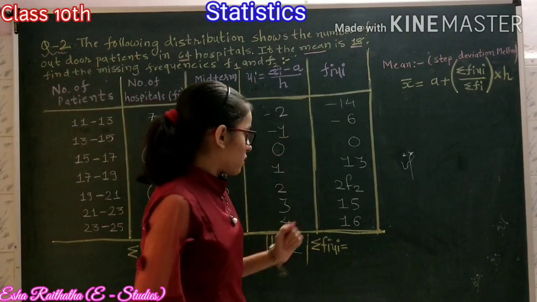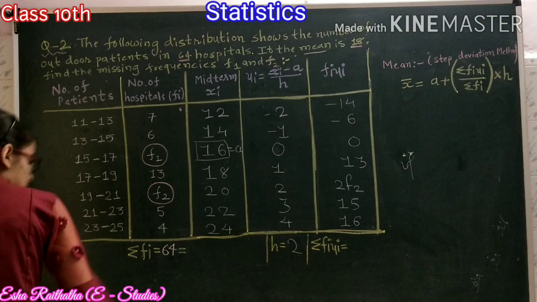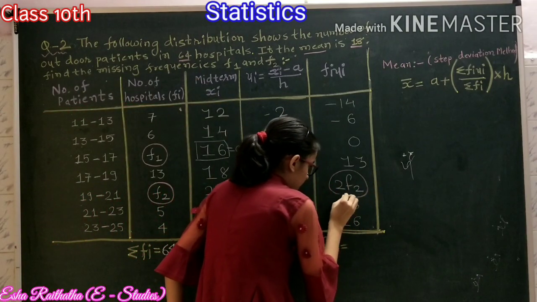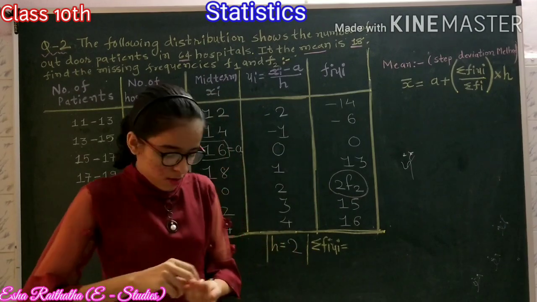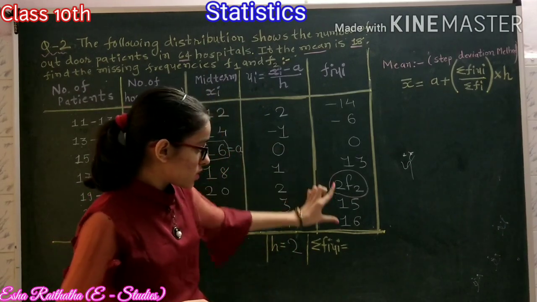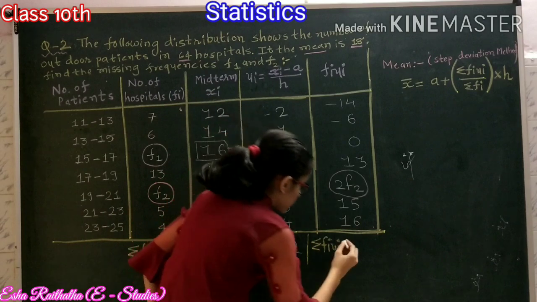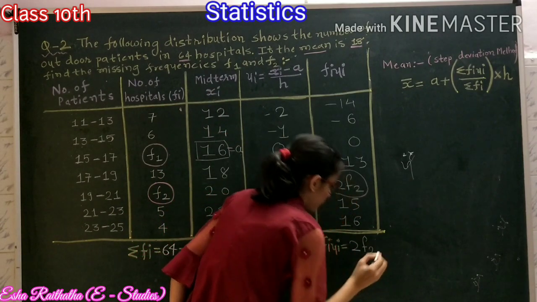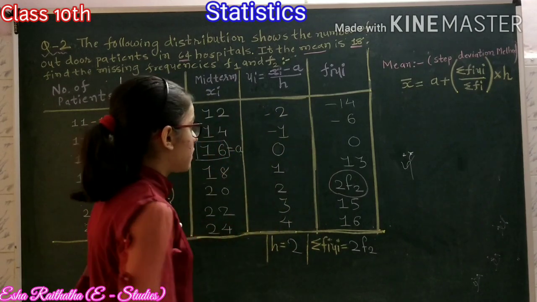Now we will add these. But I want to do one thing here. I have circled 2F2, because we don't have to add it, we just have to write it here. 2F2. Now we will add the rest.